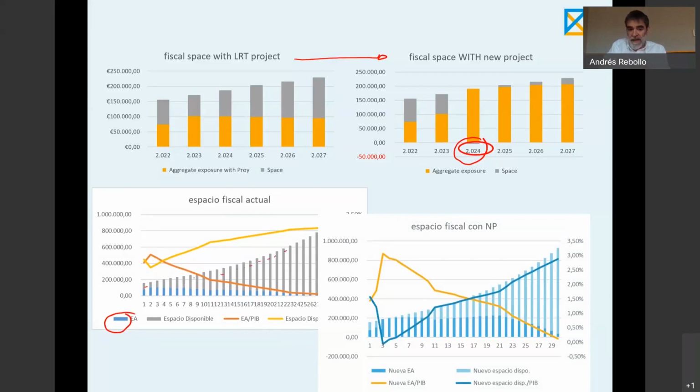All right, and this is in terms of percentage, how the aggregated exposure over PIB, over GDP, PIB is in Spanish, is decreasing. And the free space is increasing.